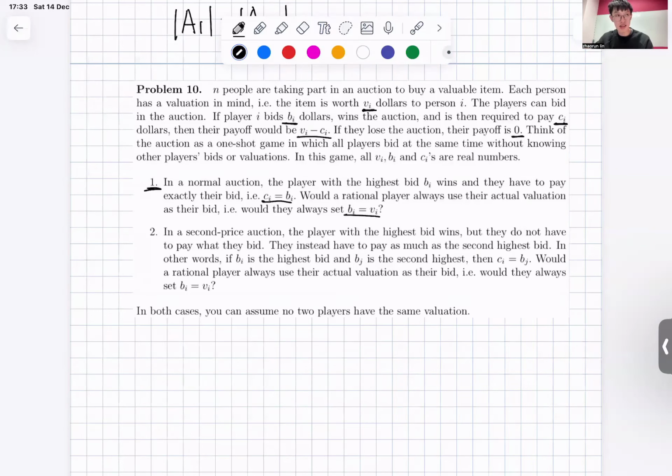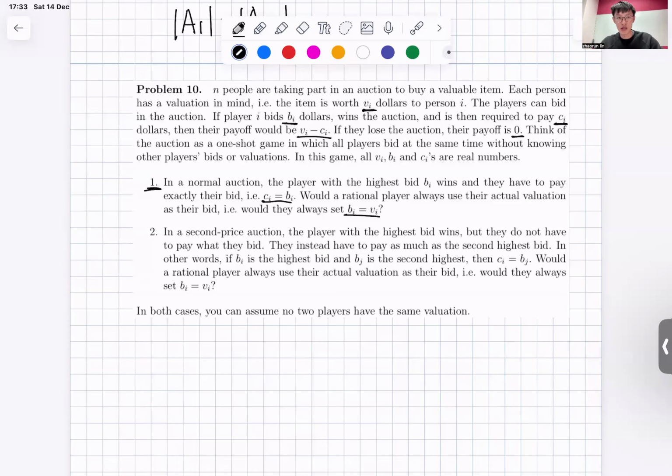And if I think that the other participants don't think that this item is that valuable, so if I think that this item is worth $100, the other participants may not think that way.